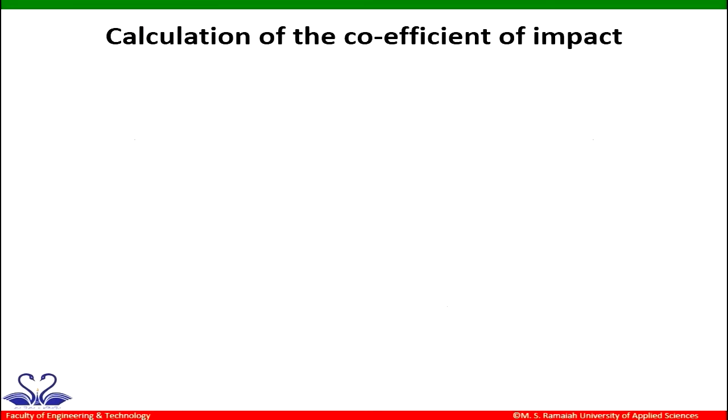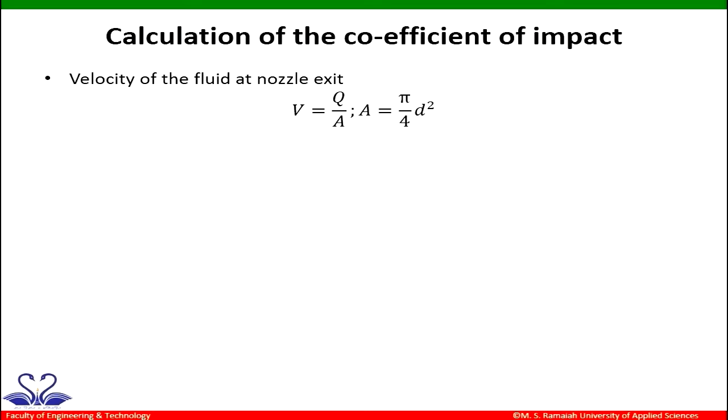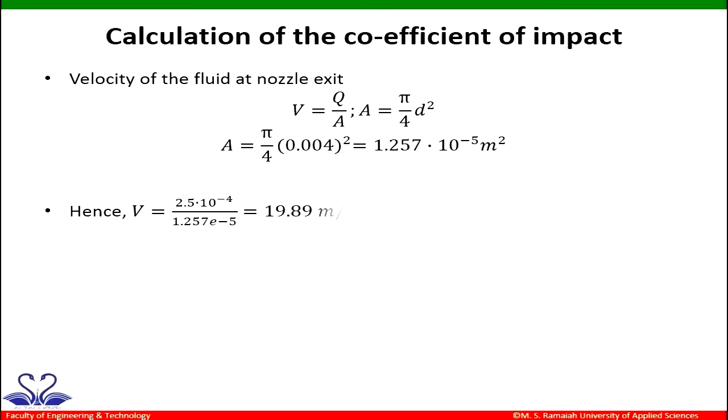The velocity of the fluid at the nozzle exit is calculated as V equals flow rate by the cross-sectional area of the nozzle, and the velocity is found out to be 19.89 meters per second.